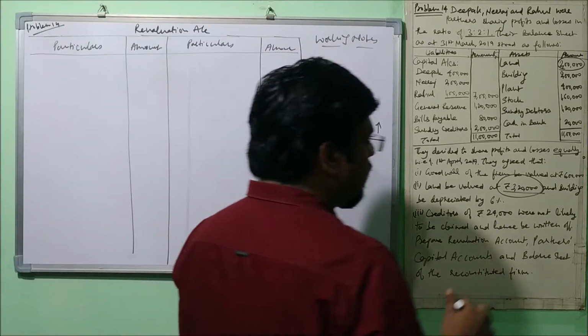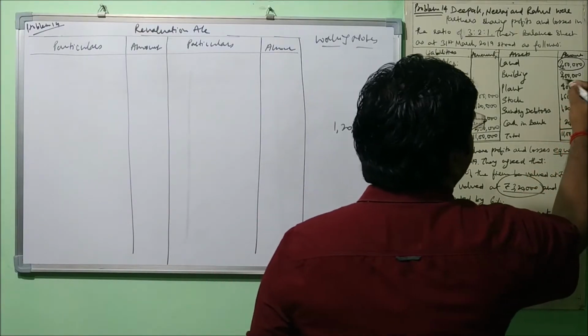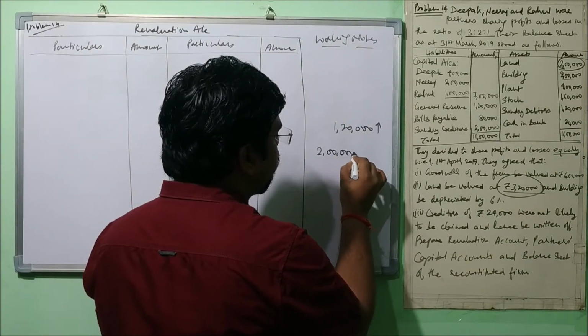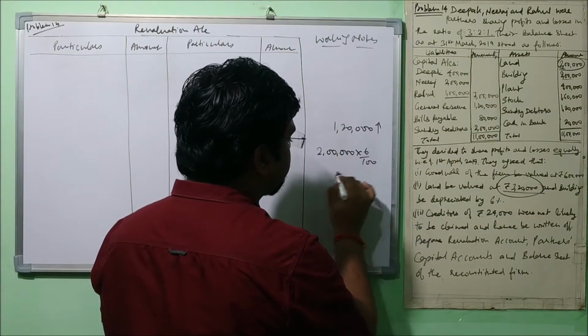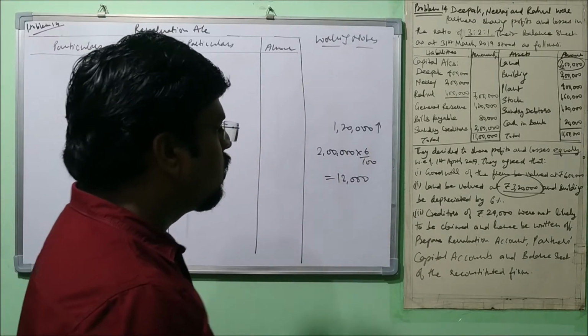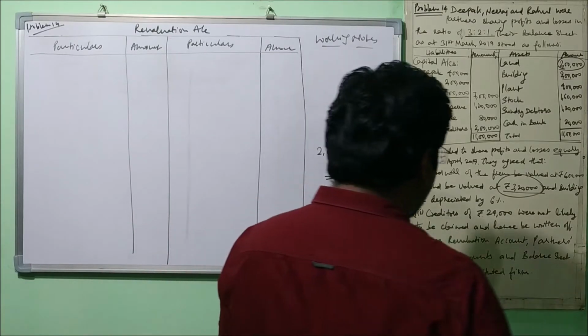Next, building be depreciated by 6%. What is the value of building? 2 lakh. On 2 lakh, we will charge depreciation at the rate of 6%. Then what we get? 12,000. So the value of building has gone down by 12,000.